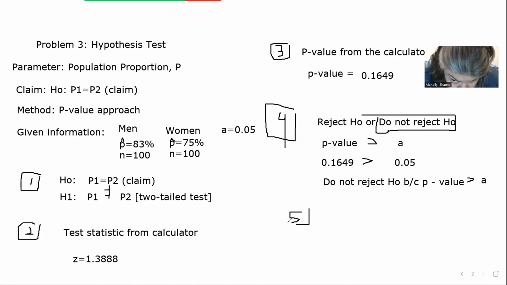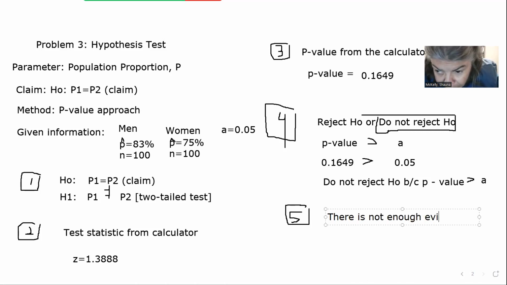So step 5 here is to say that, because my claim was H0 and I did not reject it, I can say there is not enough evidence to, and remember my claim was H0, to reject the claim.